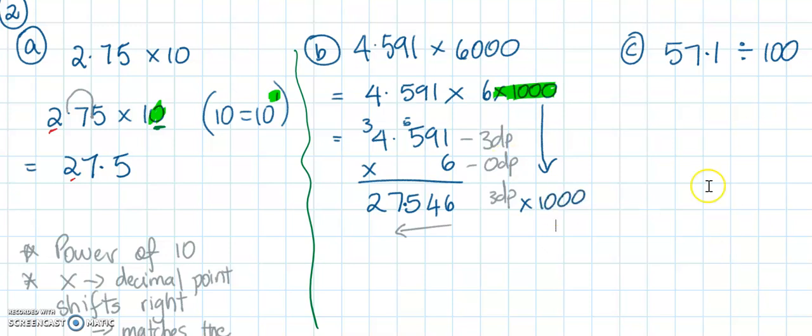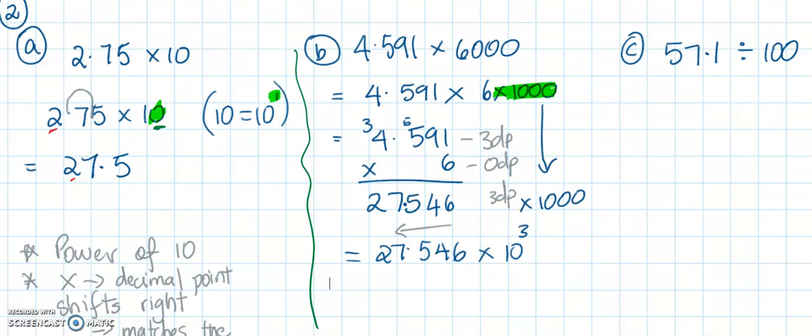Going back to multiplying by a power of 10, 1,000 has 3 zeros, and 1,000 can also be rewritten as 10 to the power of 3. So it's 27.546 multiplied by 10 to the power of 3, or 1,000.